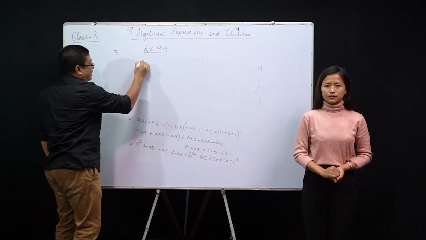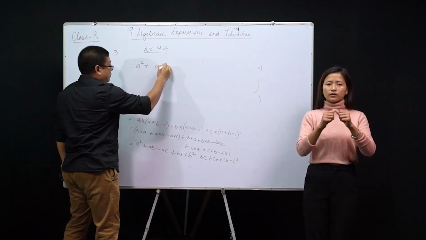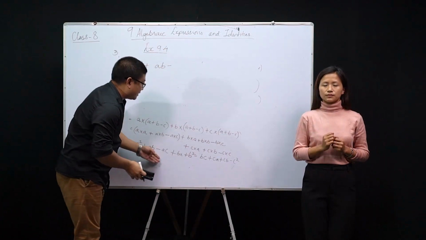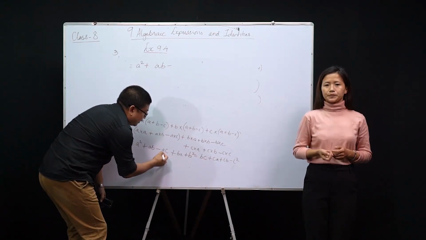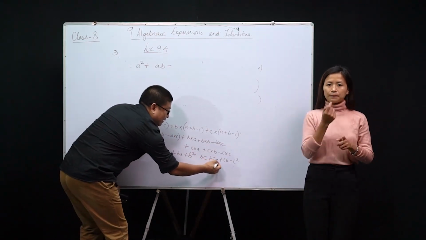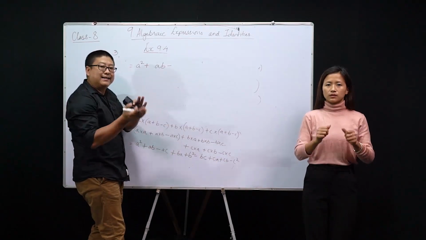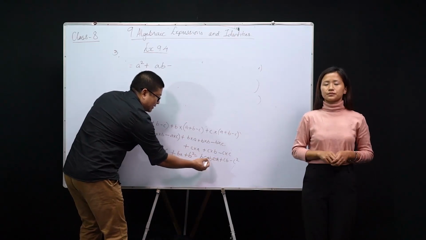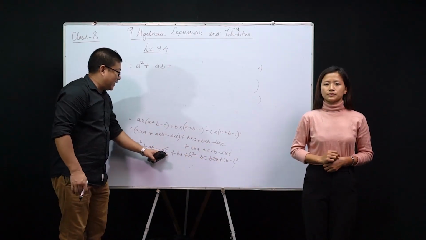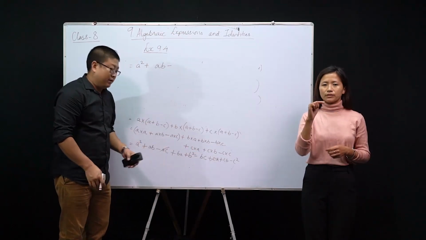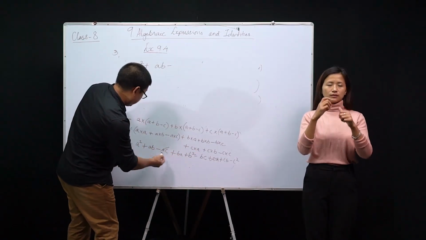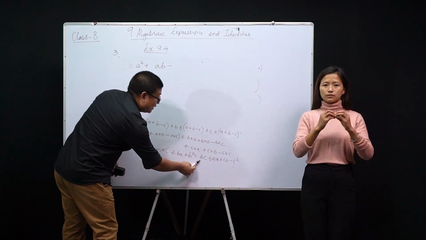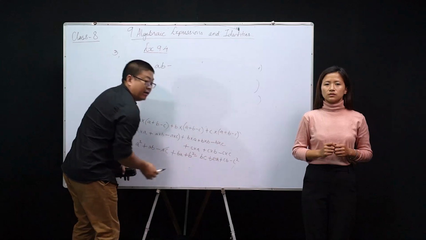So if you arrange them, A square plus AB minus, now if you look at this problem here, see there is AC here and there's a CA here. Now AC and CA are both same. Now one is minus, one is plus, so I'm cancelling this out. So minus AC and plus AC I have cancelled out. And if you look at BC, there's CB, both are same.